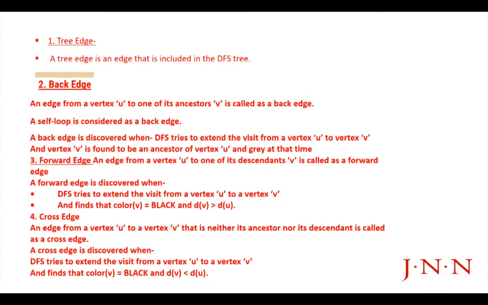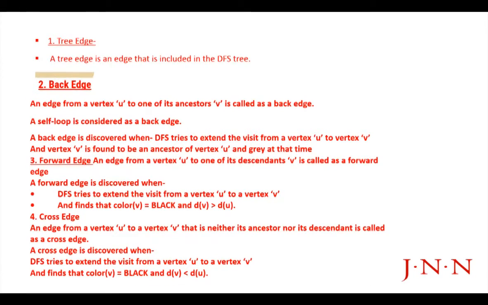Cross edge is an interesting edge: an edge from a vertex U to a vertex V that is neither its ancestor nor its descendant is called a cross edge.